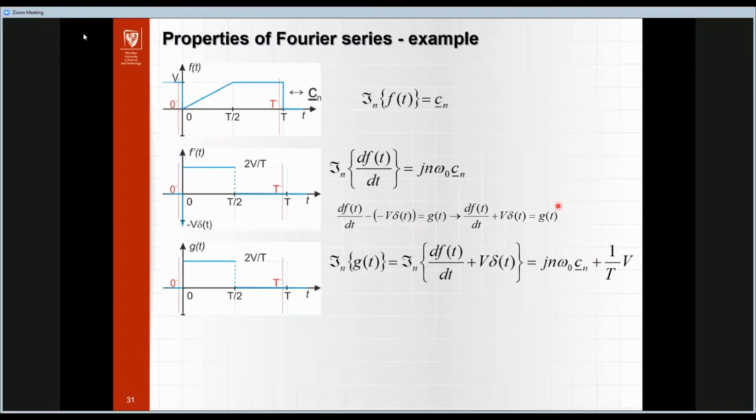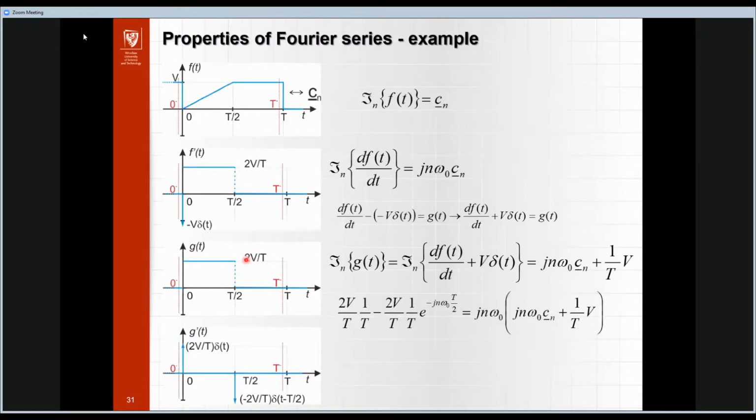Of course, we remember about this delta, and we know that the differentiation of the g function is equal to n c n plus 1 t multiplied by v. It is connected with the delta transformation. After differentiation we obtain this.